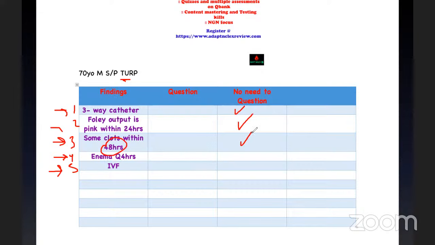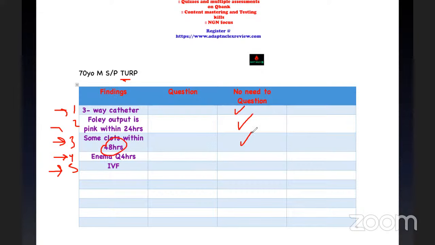The last one for this question is assuming the patient's Foley output is maybe 2.7 liters, let's see. And the irrigation you give was 2 liters, right?